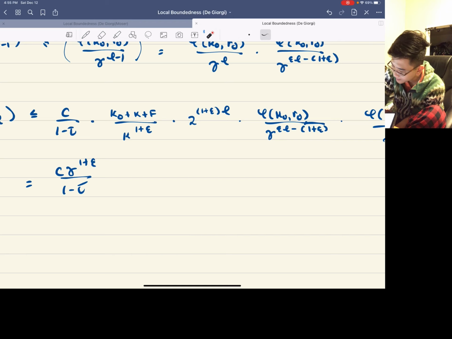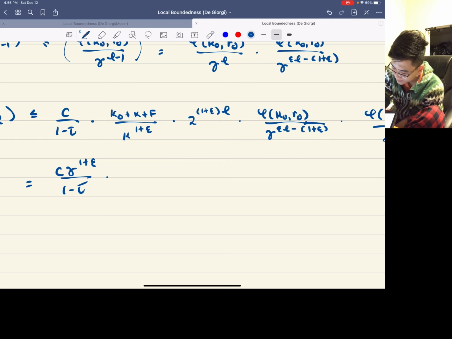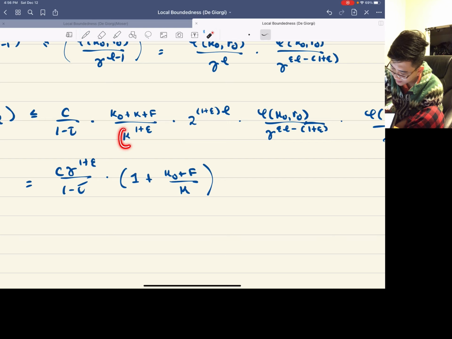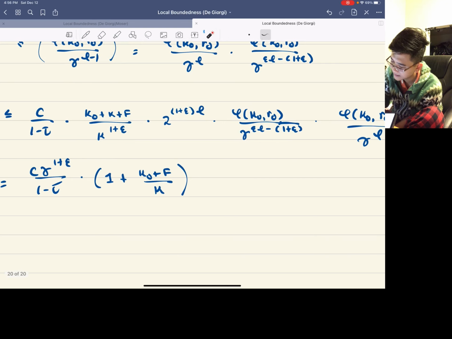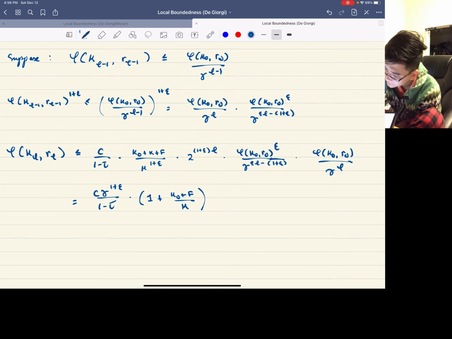It's from this part, times K0 plus K plus f over, let's write this as 1 plus K0 plus f over K. And then the K to the epsilon, I'm going to combine somewhere else. Oh, this is supposed to be epsilon.